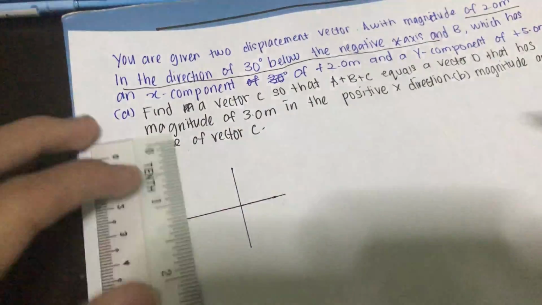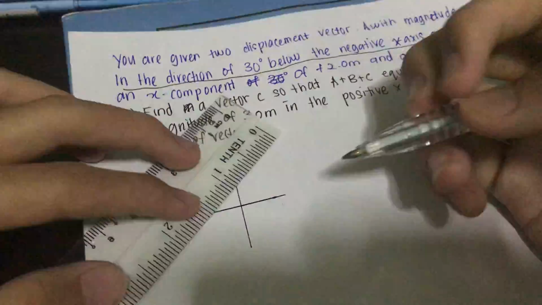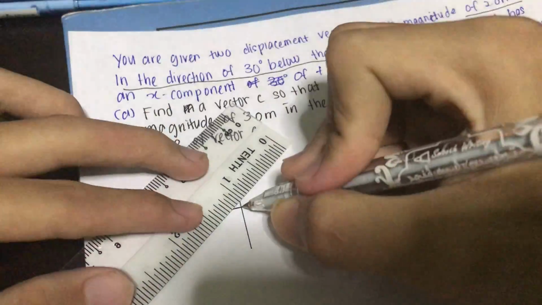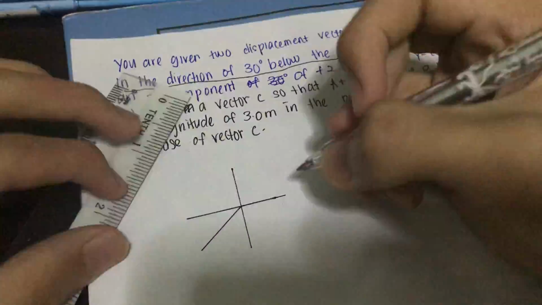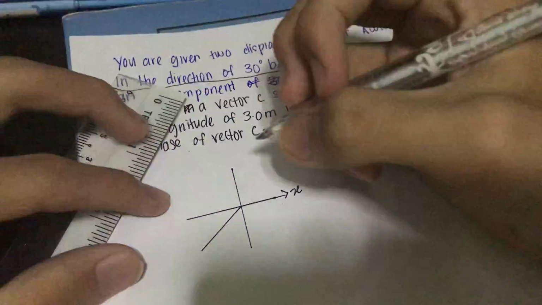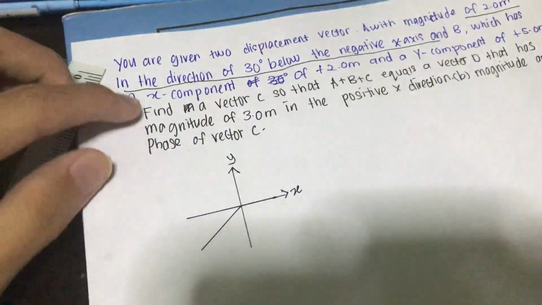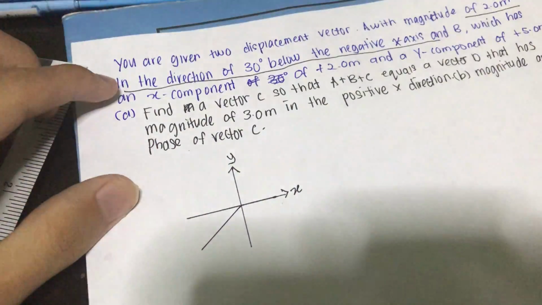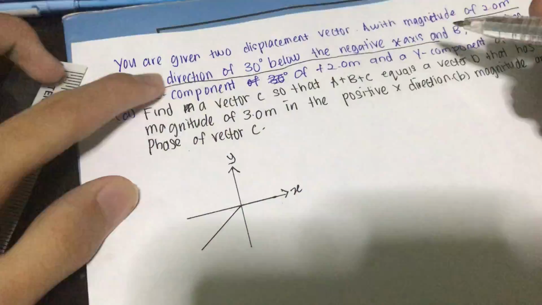So if we sketch, we will get A at this point, because this is the x-axis and this is the y-axis.